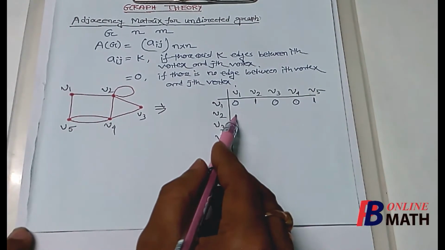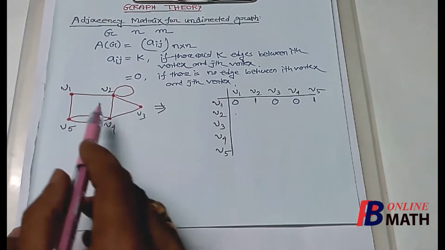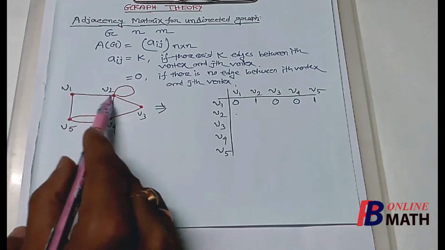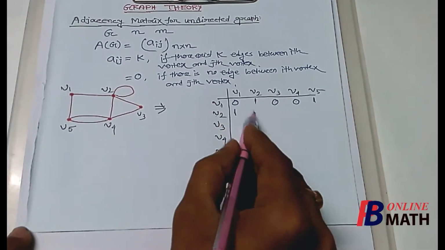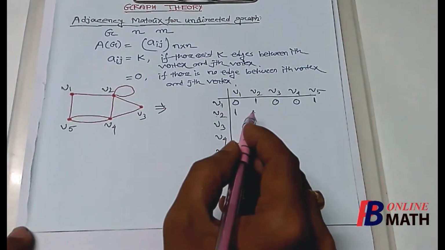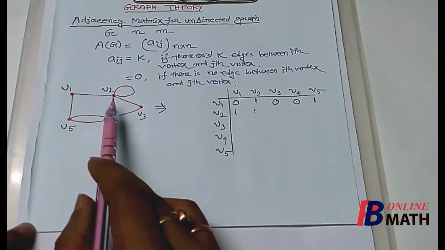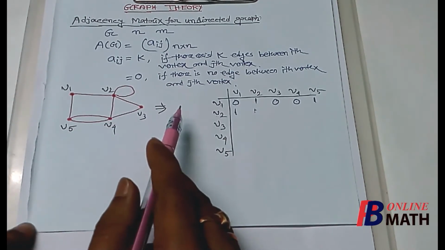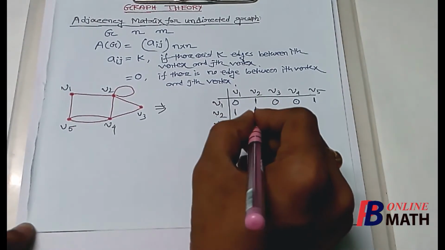Next we find this element, the number of edges between V2 and V1. We find that there is only one edge between V2 to V1, so this is 1. Next this element, V2 to V2. That means we have to find whether there is any self loop in V2. Since there is a self loop in V2, we shall put 1 here in the place of V2, V2.